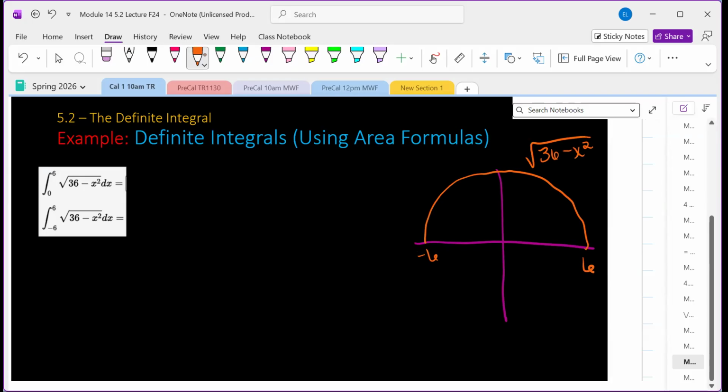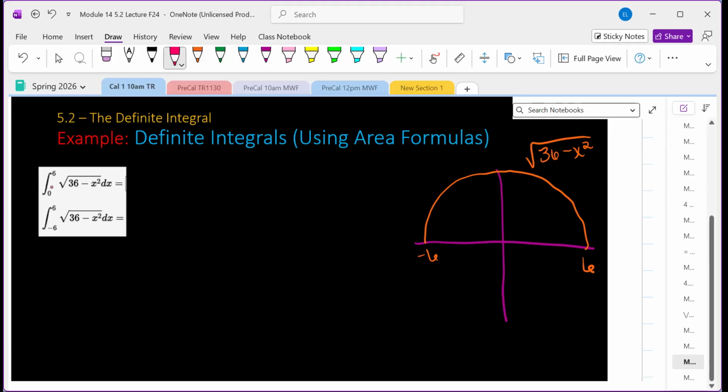Now, actually trying to evaluate the integral of this, this formula doesn't have a nice antiderivative. It's kind of a pain. We have to do trig substitution to do it by hand. But if we just remember that that graph is literally a semicircle, then I can just focus on the bounds for figuring out how much of this semicircle I'm shading in.